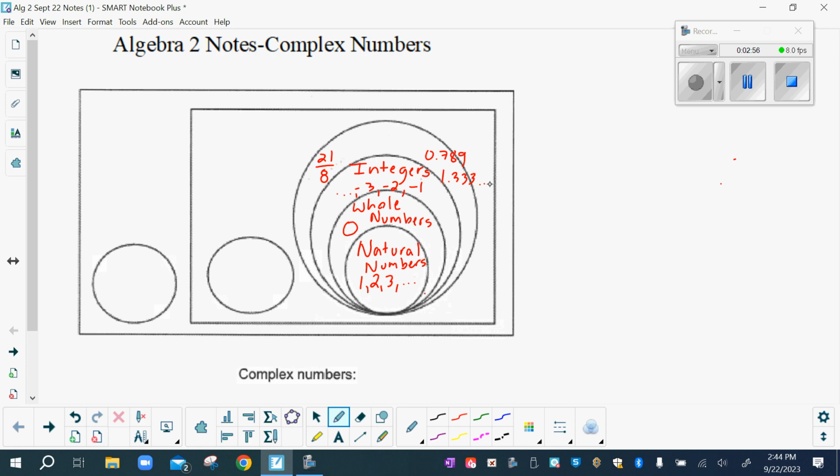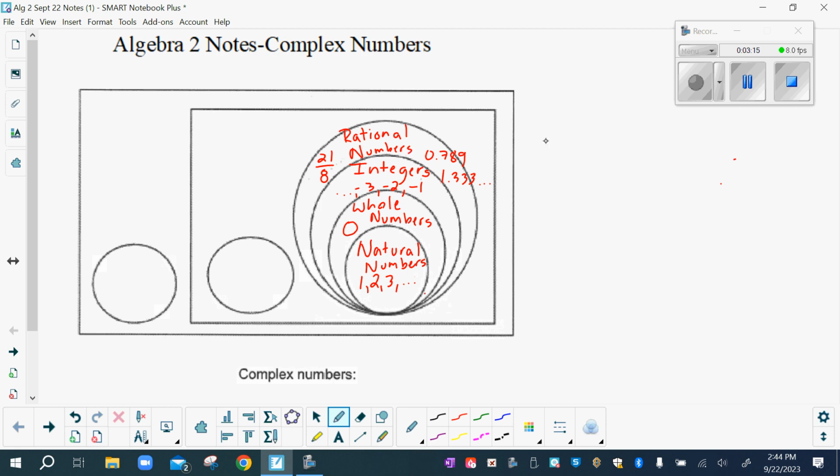So that is a repeating one, and I'll tell you in a second, the names of these are called rational numbers. So now that you're in Algebra 2, we expect that you'll know these names.